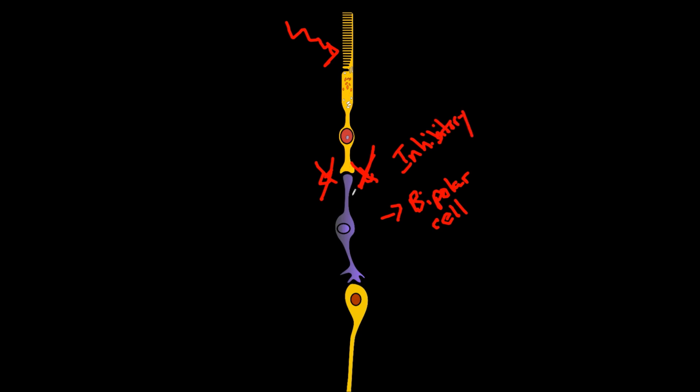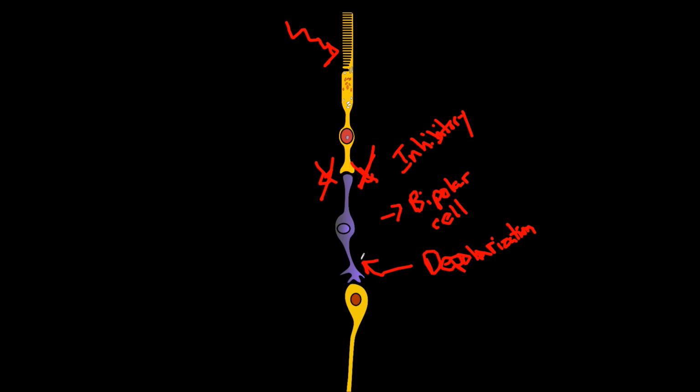So as we lift that inhibitory input from the photoreceptor, now we get a depolarization here in the bipolar cell. Now, this is a graded depolarization. This is a graded potential that's going to happen in this bipolar cell because we're lifting the inhibitory influence of the photoreceptor once it's stimulated.